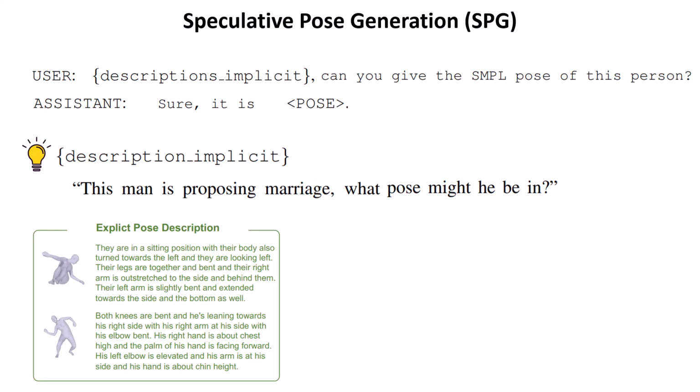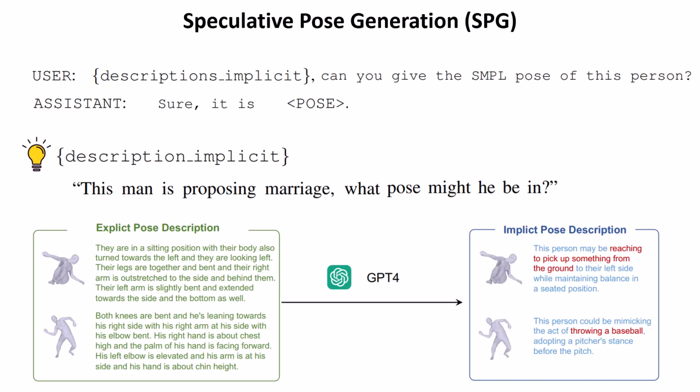The PoseScript dataset comes from the PoseScript work that was originally developed for text-to-pose and pose-to-text. But when you look at the text in this dataset, it is very explicit, and we want implicit descriptions. So they relied on GPT-4: they gave it these explicit pose descriptions, and as the output they have implicit pose descriptions that we can use.